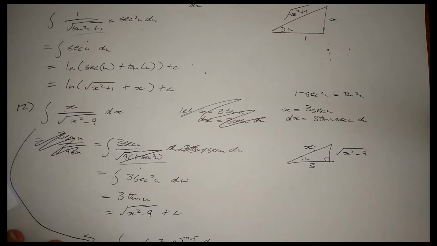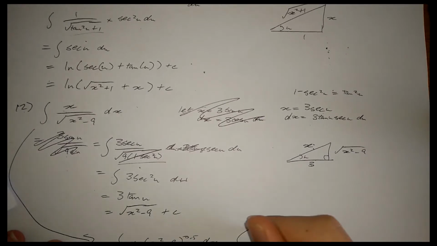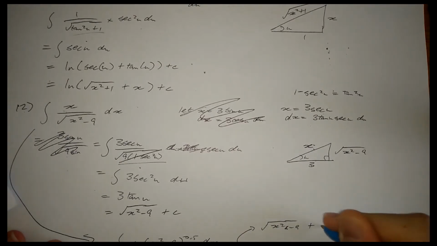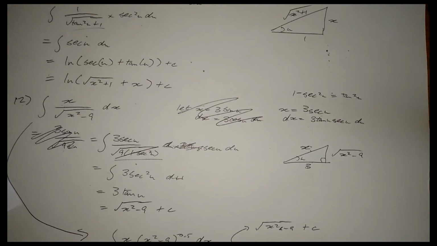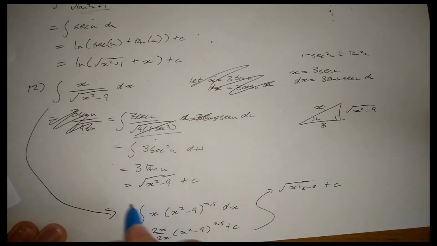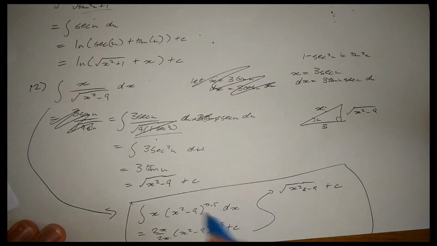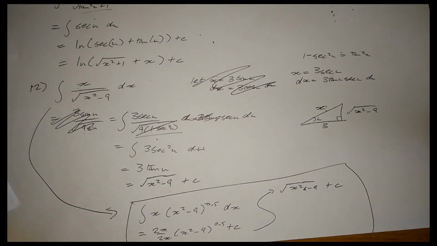So you'd have x divided by 0.5, so you'd have 2x, and just square root of x squared minus 9 plus c. So that would have been the better way to do it, if you want to use that. So yeah, the two ways to do it. Yeah, the second way is better.